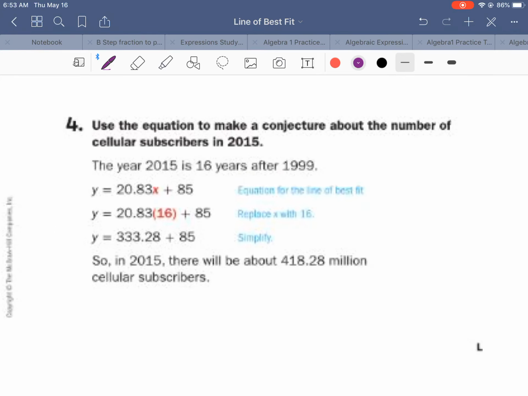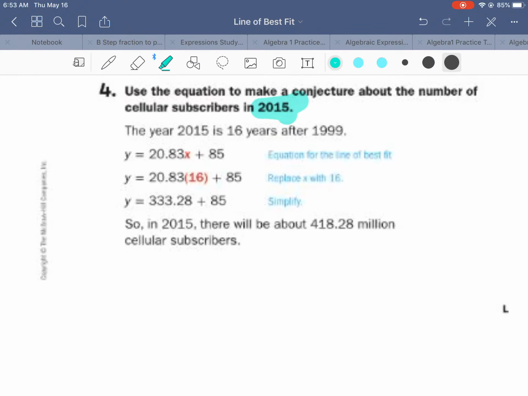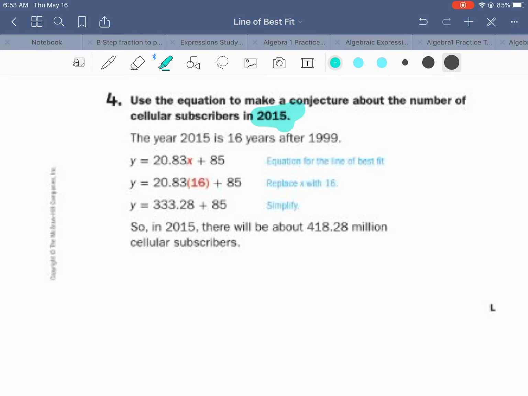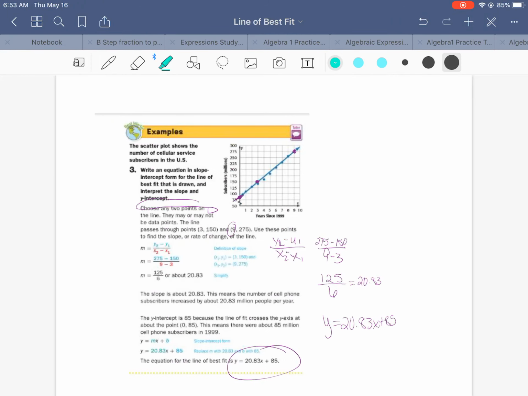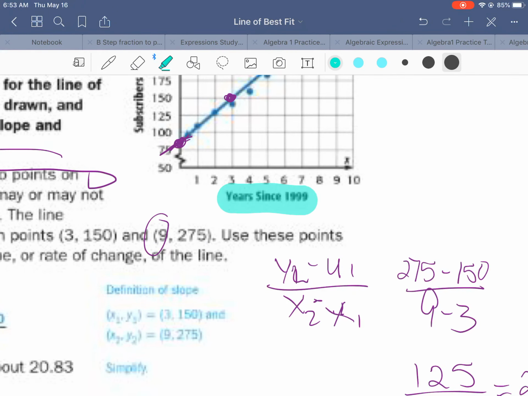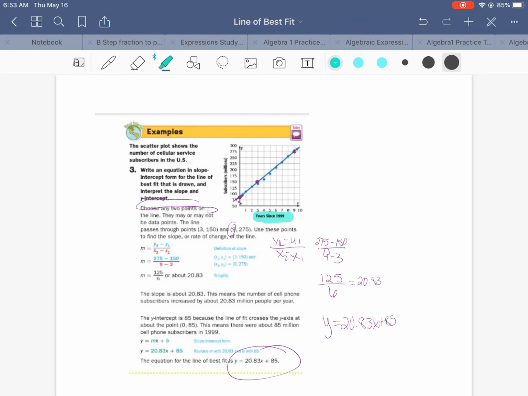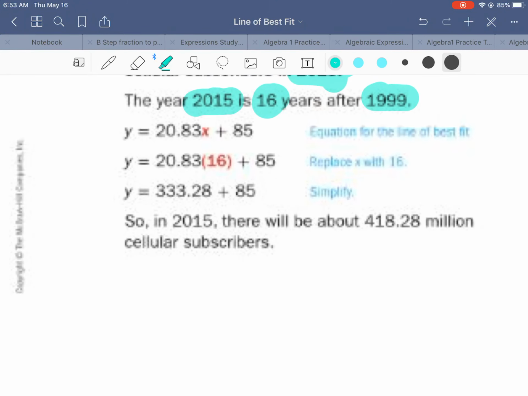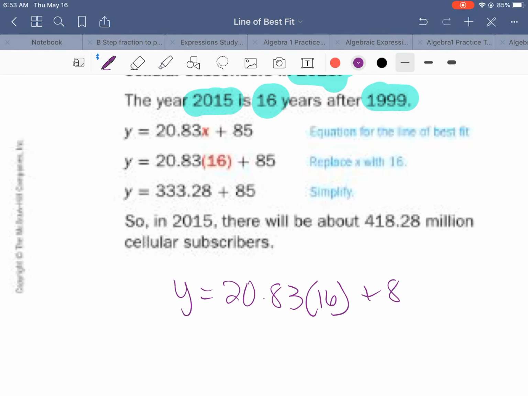Okay, I want you to try this one. Use the equation to make a conjecture about the number of cellular subscribers in 2015. So let's look at our data. Since the year 2015 is 16 years after 1999, and you know that because that's the title of your graph, years since 1999, you would just plug in a 16 into your equation. y equals 20.83 times 16 years plus 85.